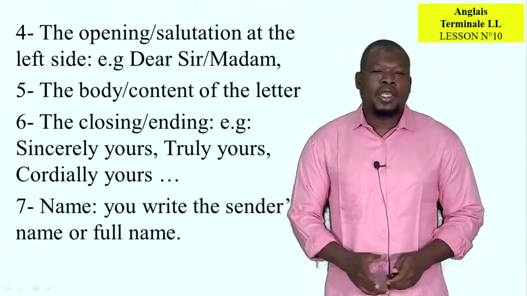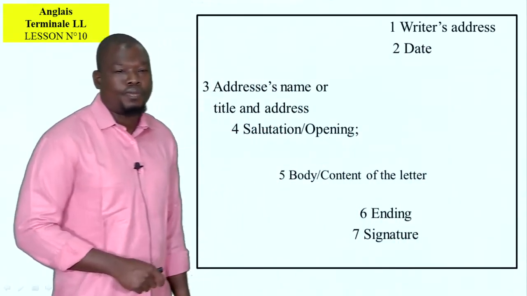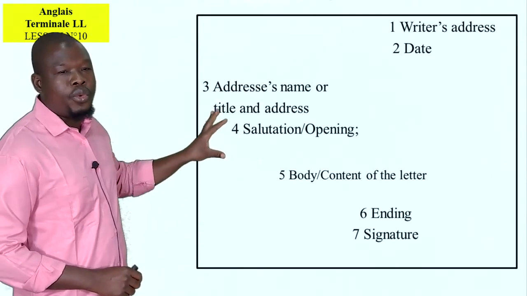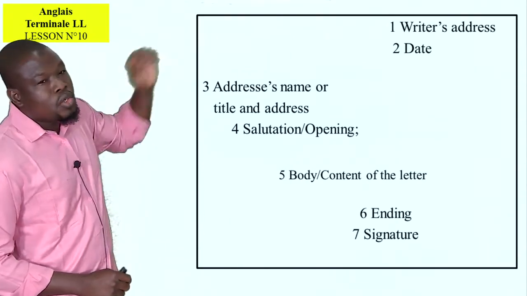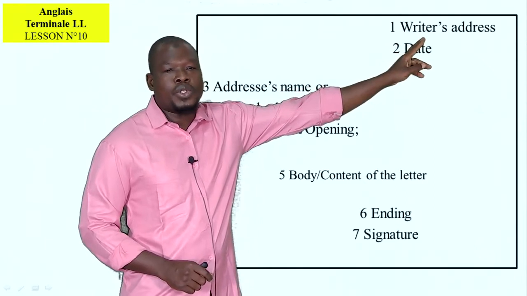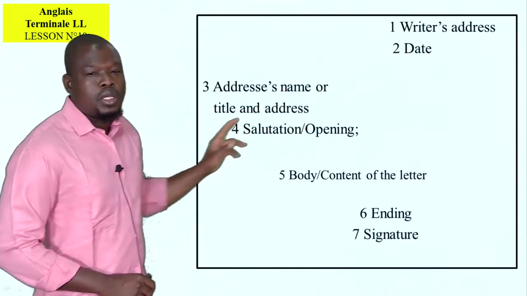Let us see a diagram together for the presentation of the page. Here we have the presentation of the page in front of you. As I told you, the first one is here, there, the writer's address. And under we have the date.